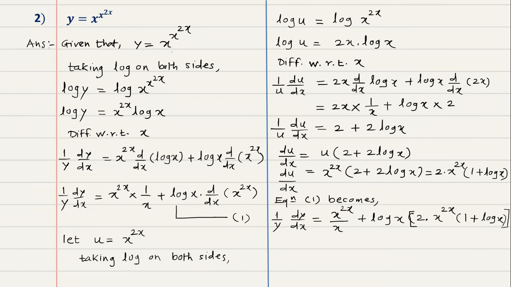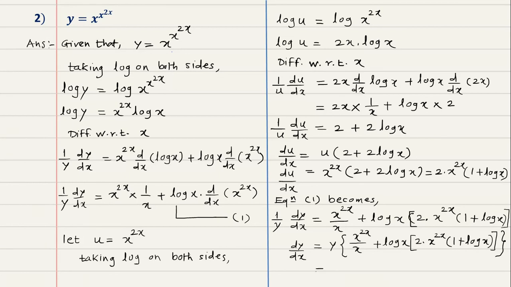Now the last answer: we need dy by dx. How will you get dy by dx? It is equal to y into bracket, x raised to 2x upon x plus log x into bracket 2 into x raised to 2x into bracket 1 plus log x, bracket complete, and curly bracket also completed.